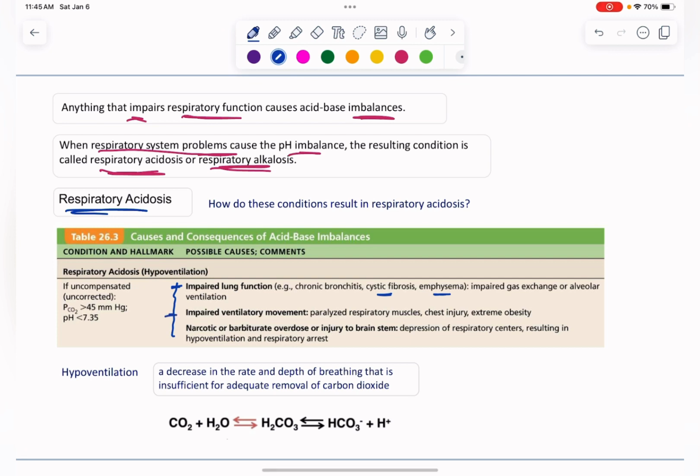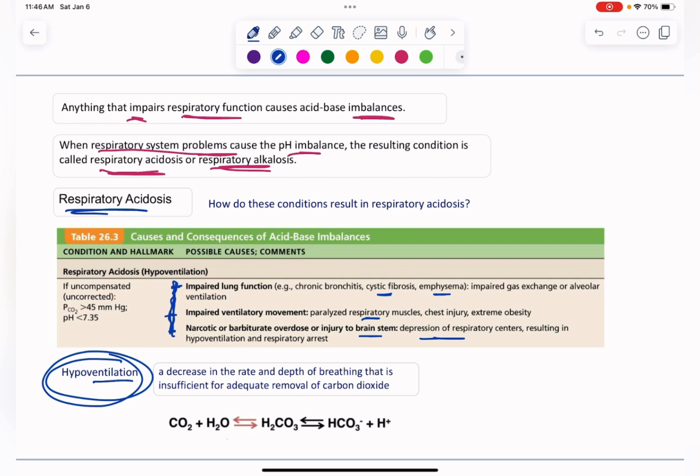Impaired ventilatory movement, for if you have a chest injury or something that causes paralysis of the respiratory muscles, or certain drugs or injury to the brainstem that affects those medullary respiratory centers can result in a depression of respiratory activity. What all of these have in common is that they cause hypoventilation.